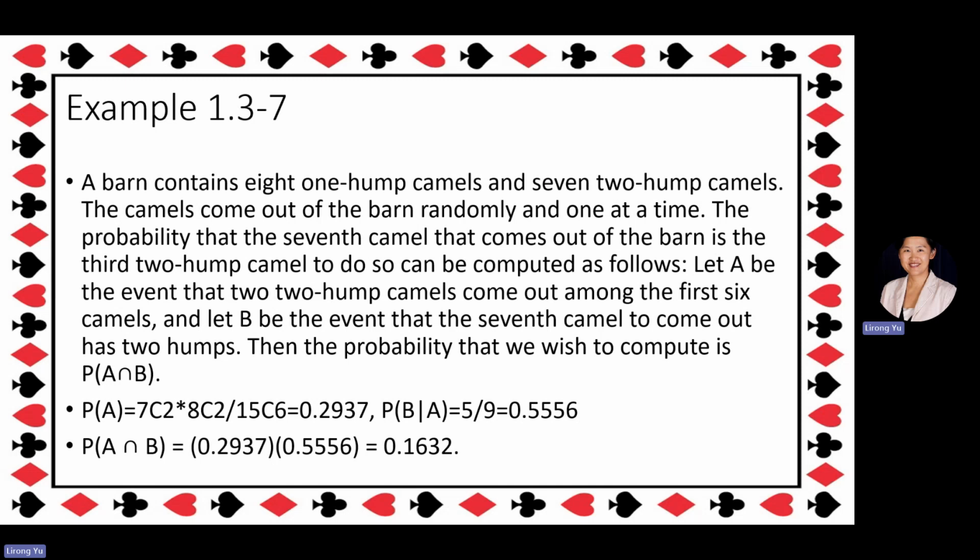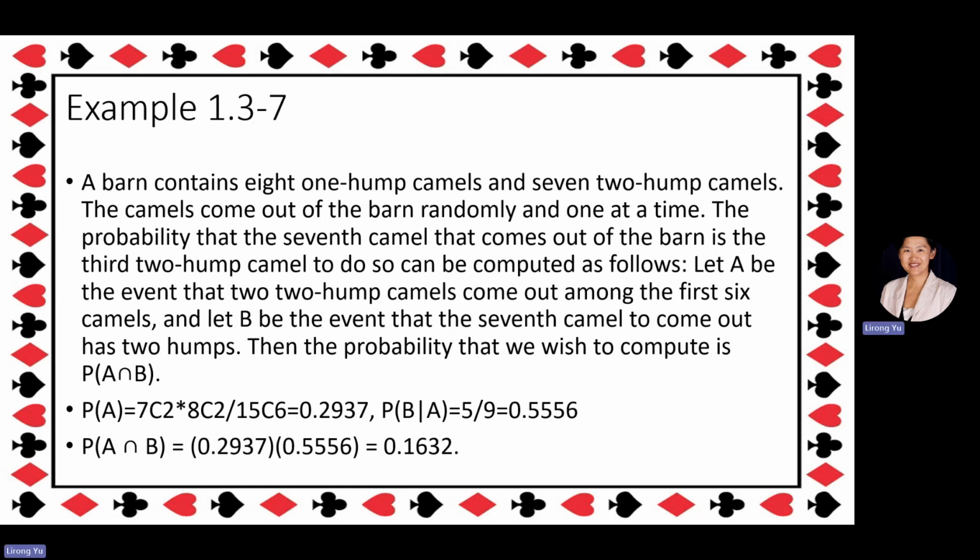All right, A is the one we have to carefully consider, and the calculation presented in the book uses combination numbers. In the first 6 camels that come out of the barn, the first 6 camels come out of the 15 camels. The total number of camels is 15, so 15 choose 6 should be in the denominator.